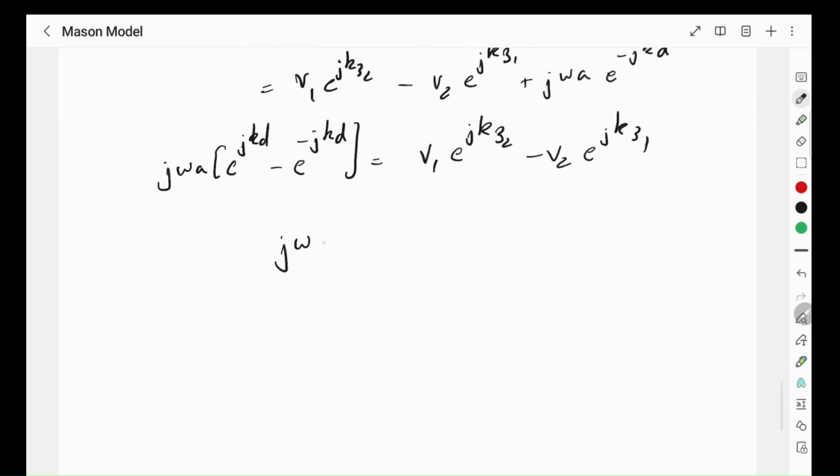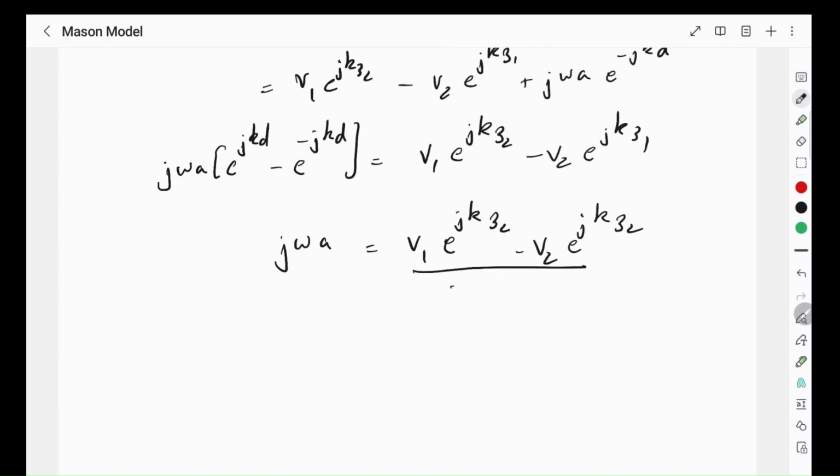So j omega a is equal to v1 e raised to j k z2 minus v2 e raised to j k z1. So each integral term I am able to express now in terms of both the velocities, v1 and v2.